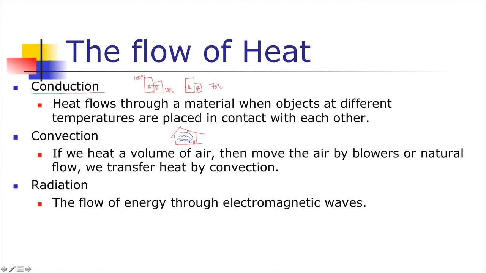This is the type of heat transfer you see by convection. As the name implies, you heat a volume of air, then move the air by blower or natural flow, and it warms every part of your house.